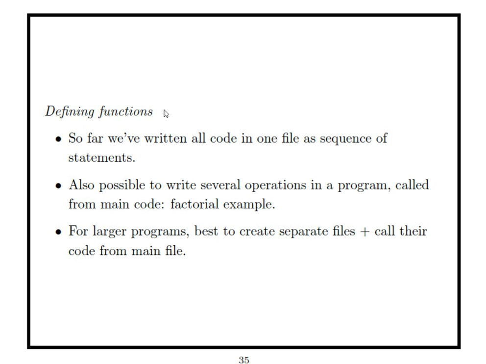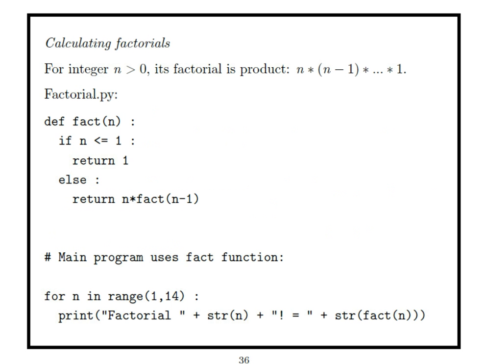Now, so far we've written all our code in one file as a sequence of statements, but you can actually structure programs into several blocks or operations, and we call those functions in Python. And we can break down a big program into several parts. And the new keyword that's used to define a function within a program is def, which defines a function.